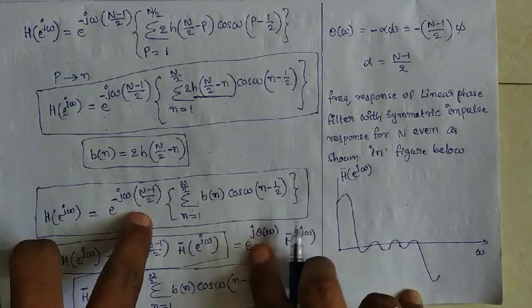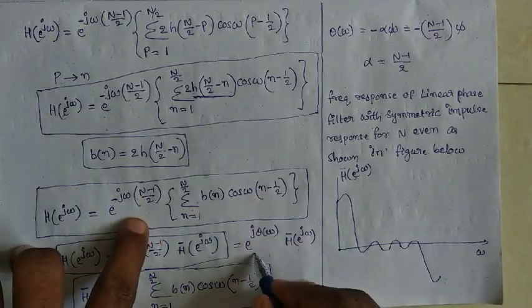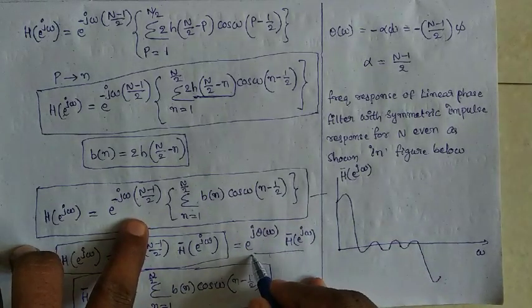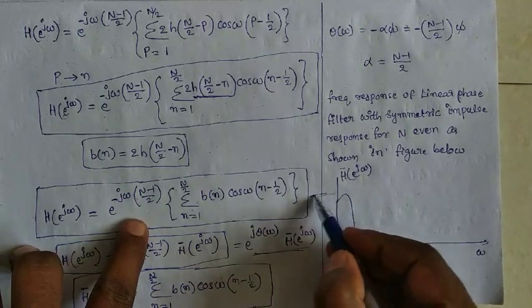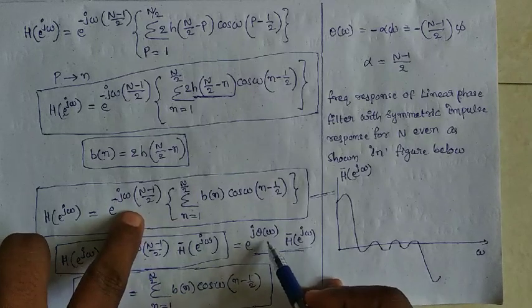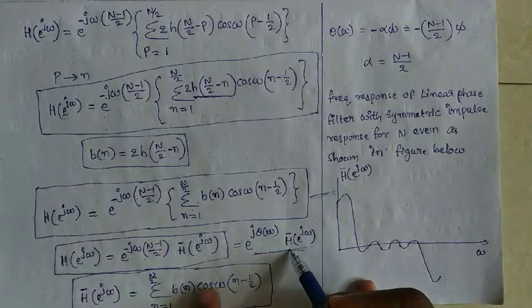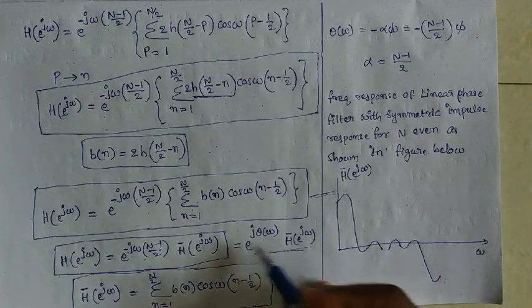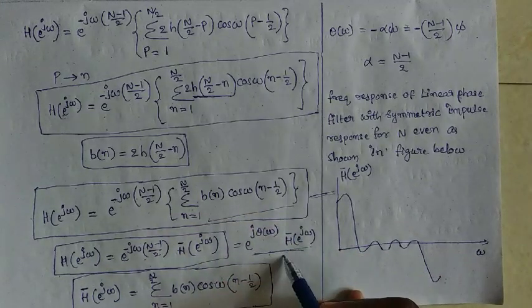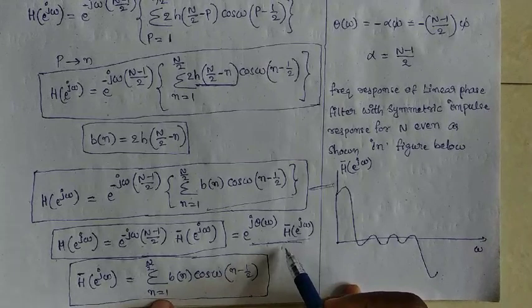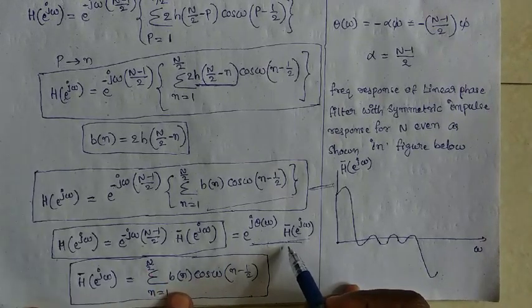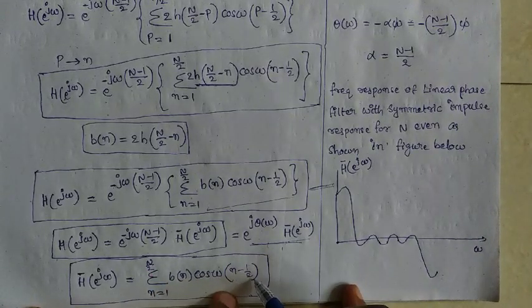Comparing these two equations, from this h bar of e power j omega is equal to the summation n is equal to 1 to N by 2 of b of n cos omega of n minus 1 by 2.